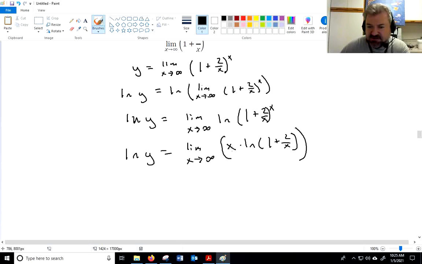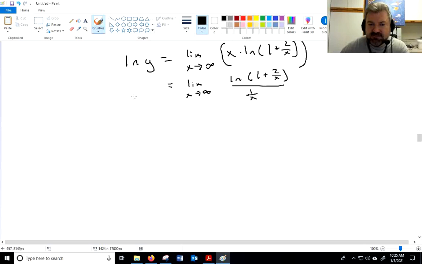All right, well, this is beginning to look a little bit more like something we can evaluate. If I plug in infinity here, I get infinity times the natural log of 1, which is 0. So you get a number going to infinity times 0, that's still indeterminate. But let's go ahead and rewrite that as the natural log of 1 plus 2 over x, over x to the negative 1 power. I can move this down, making it 1 over x down here.